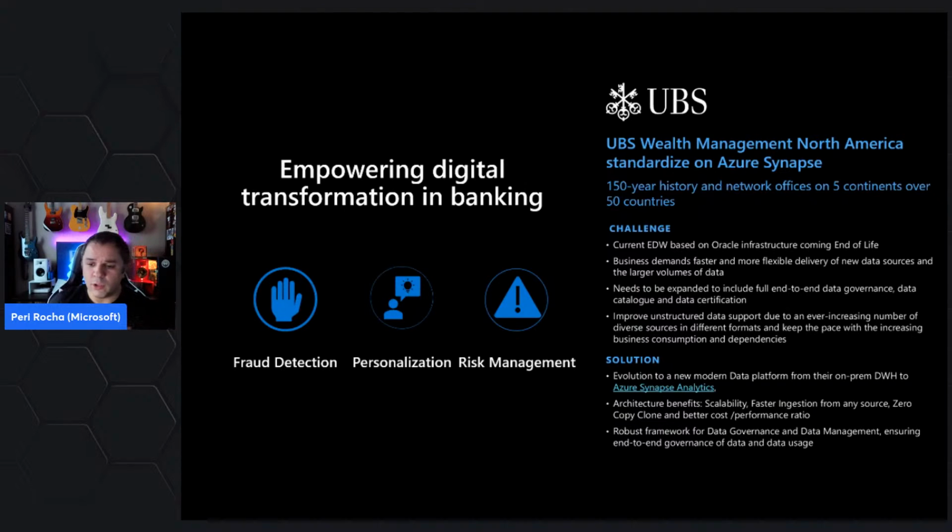They were also looking for an end-to-end solution for data governance and cataloging, which is something that we integrate well with Azure Synapse. The solution they adopted with Azure Synapse modernized their data platform, and as a result they gained scalability, faster data ingestion from virtually any data source, and much better cost performance than what they had before.